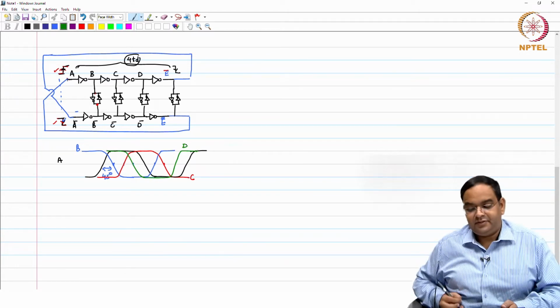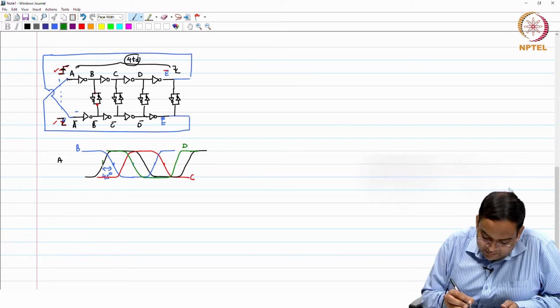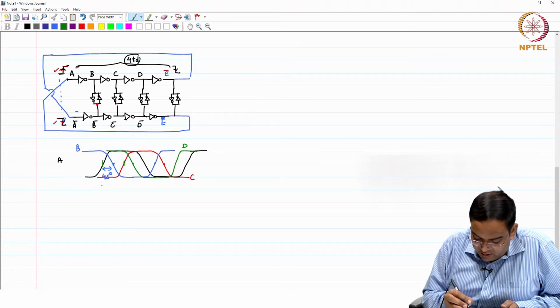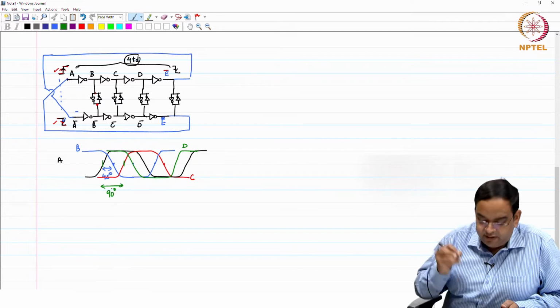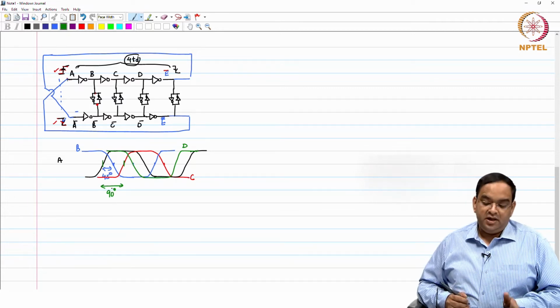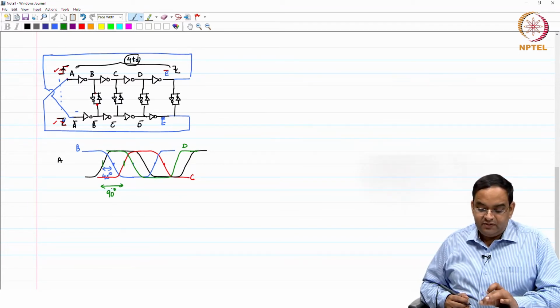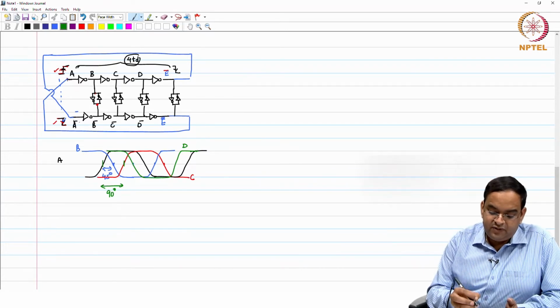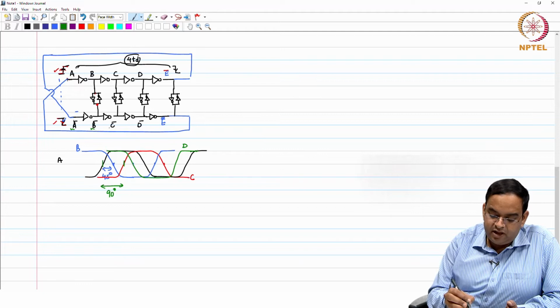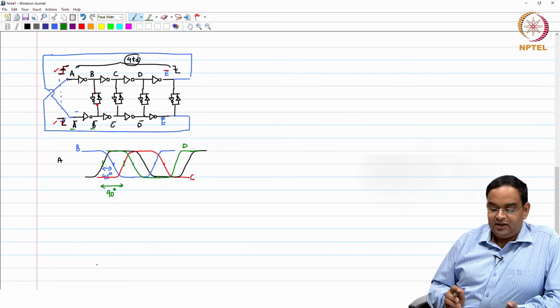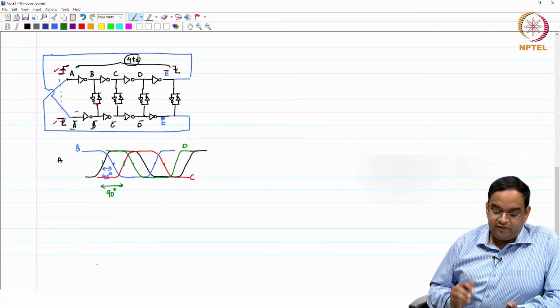This is signal D. So, the separation between your A and C signal is 90 degree. Okay. And whatever you are seeing with signals A, B, C and D, exactly the same thing is going to happen between A bar, B bar, C bar and D bar, just in inverted phase.